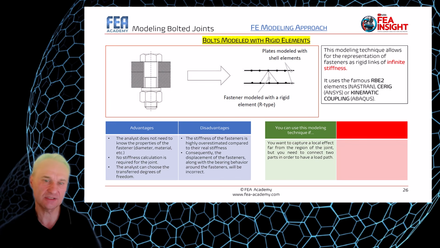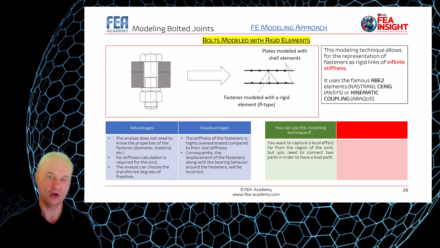So you can use this modeling technique if you want to capture an effect far from the region of the joint. But you need to connect two parts in order to have the correct load path, but your zone of interest is far from the region of the joint. Okay?